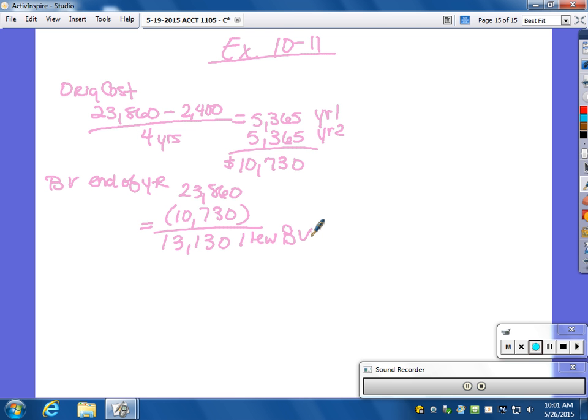Now that we have the new book value, the second thing they want us to do is find the amount of depreciation now that everything has been revised. The new book value we just calculated is 13,130, right? What is the one thing we need to account for along with this new book value? The salvage, which was how much?